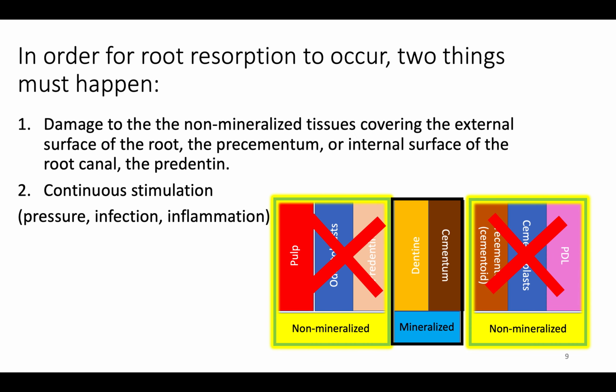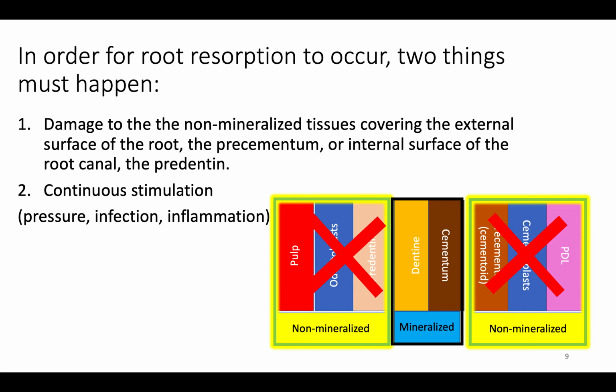So in order for root resorption to occur, we need two things to happen: damage to the non-mineralized protective tissues covering the external and the internal surfaces of the root, and we need continuous stimulation.